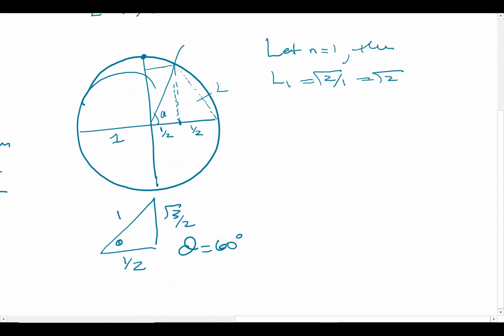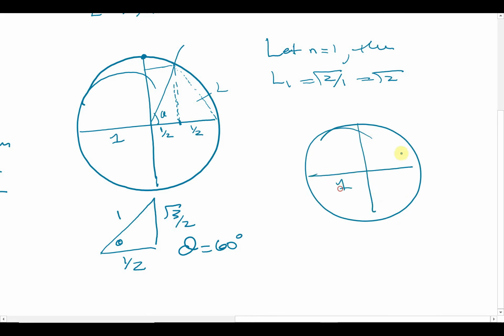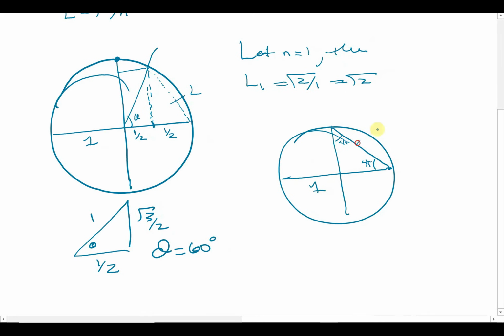So that's the relation. If radius is 1, that's our 45, 45, 90 triangle. So we know this is root 2.